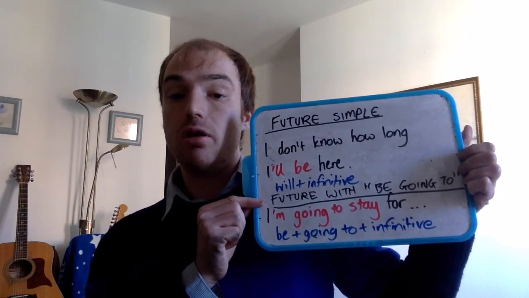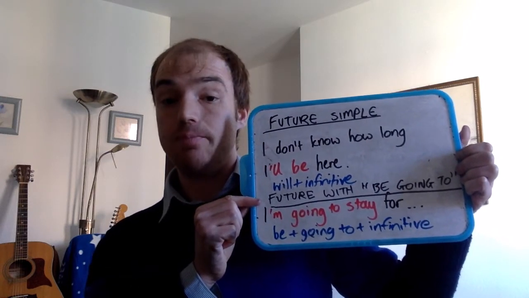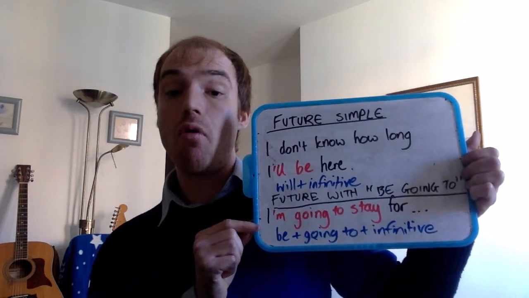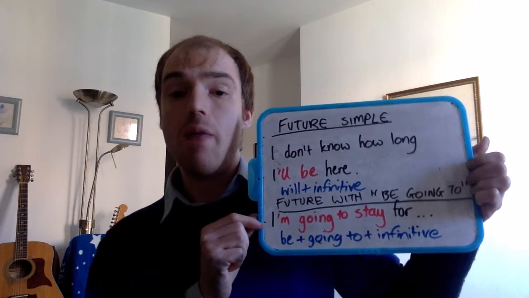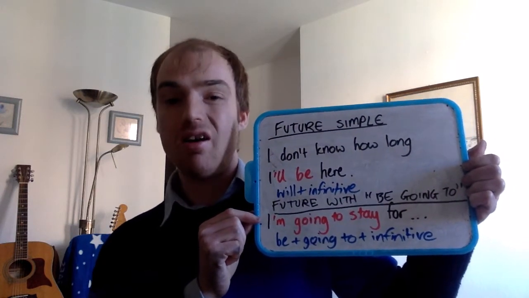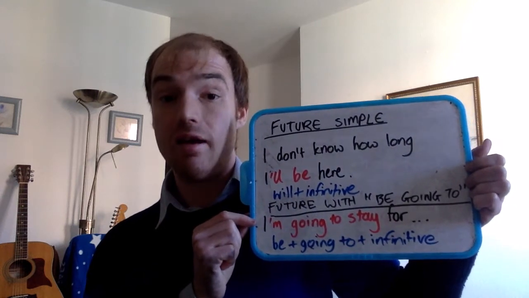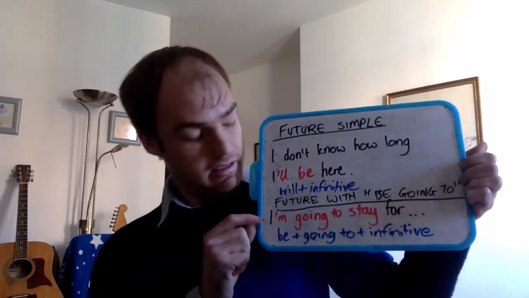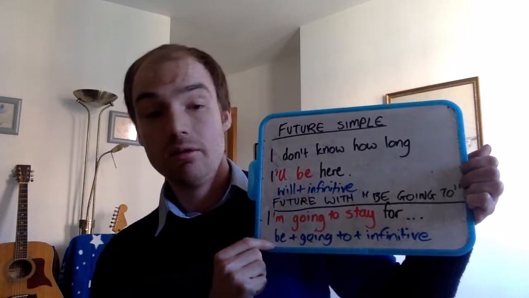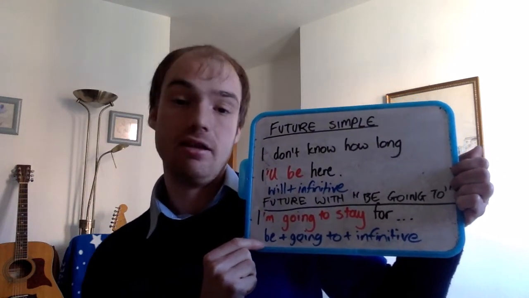Or we can use be going to. So I'm gonna stay for at least a year. But I don't say I'm going to stay for at least a year. I say I'm gonna stay. All right? And this is the verb to be. So I am gonna, you are gonna, she is gonna, he is gonna.